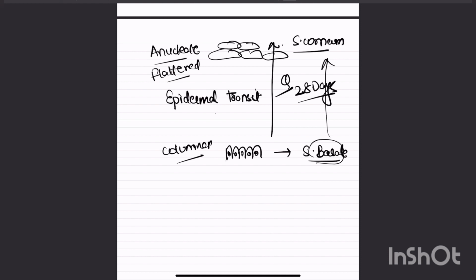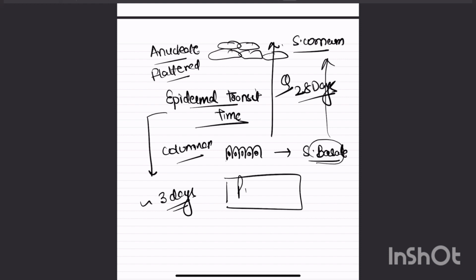So, if this time decreases to approximately 3 days, as it is seen in psoriasis, the cells which were supposed to become non-nucleated remain nucleated, and this nucleated stratum corneum layer, which is seen in psoriasis, this particular process is known as parakeratosis.